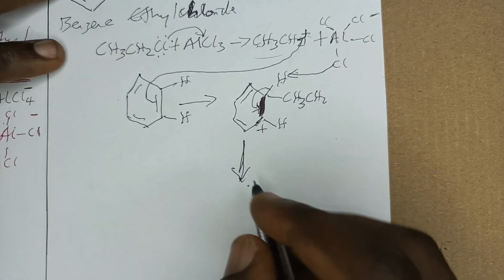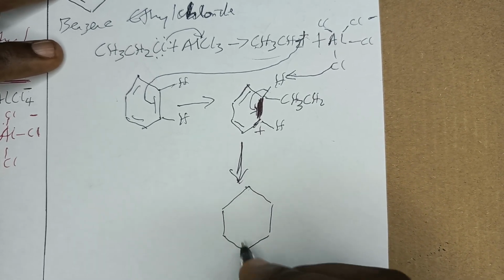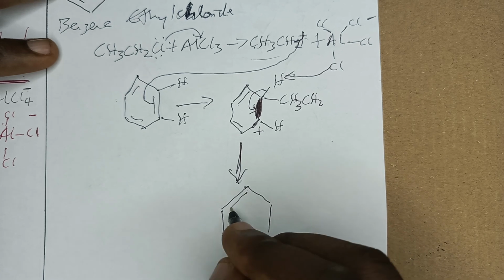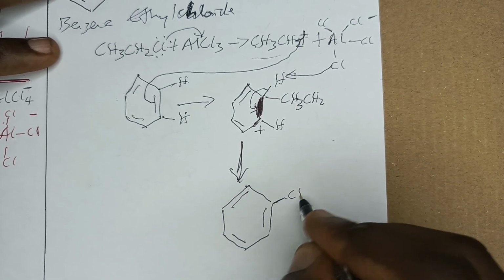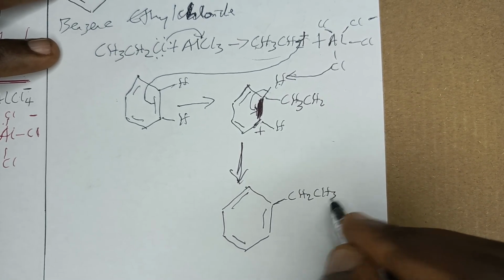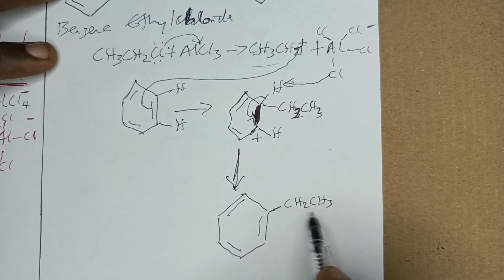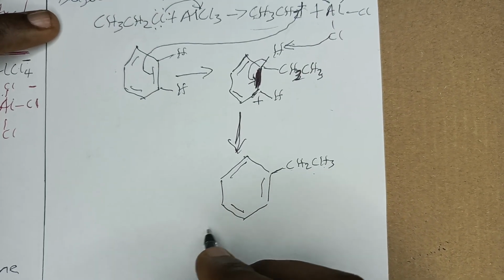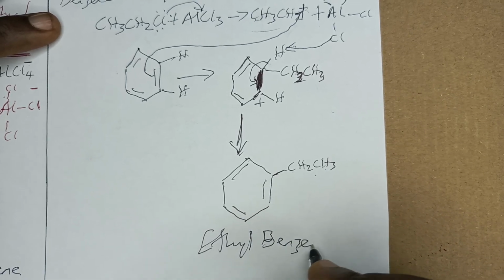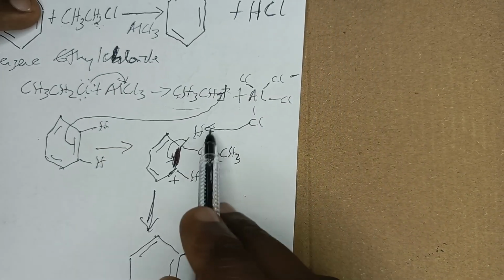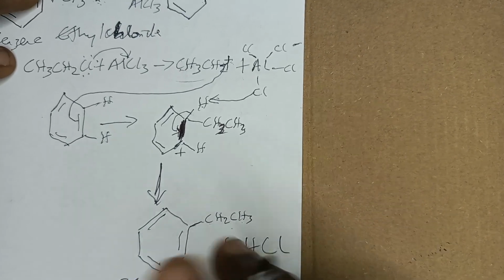So we are having CH2CH3 here. So we call this ethylbenzene. That's normal. This will now give us plus HCl.